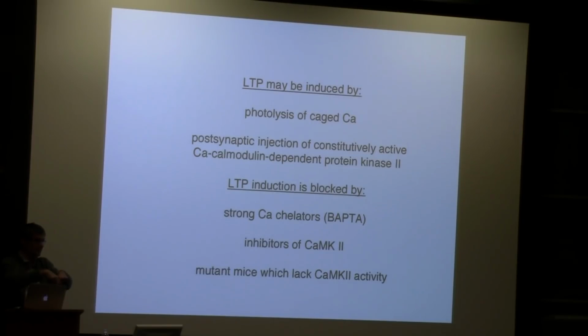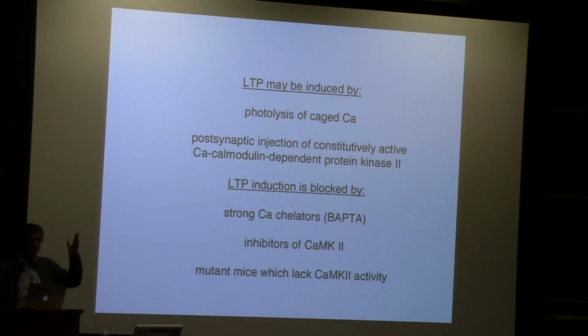You know what a calcium chelator is? You can fill up the cell with it. The calcium chelator is basically a molecule with two arms that will bind the calcium. So the calcium is no longer free, and therefore there's no more intracellular calcium. And you fill up the cell with that, and you basically don't have any more LTP. Okay, so you need calcium.